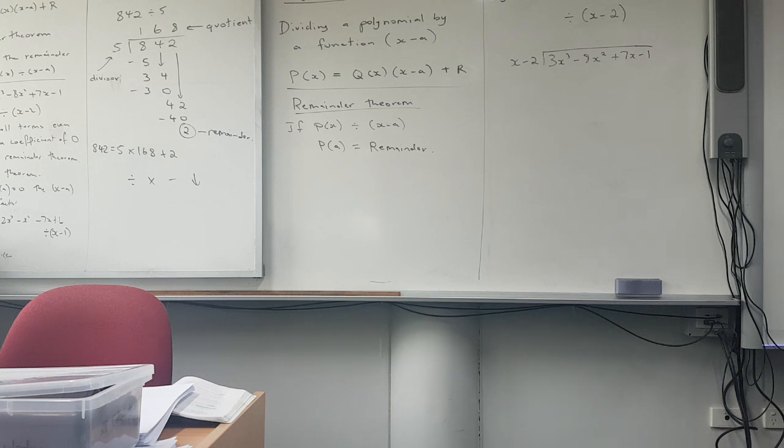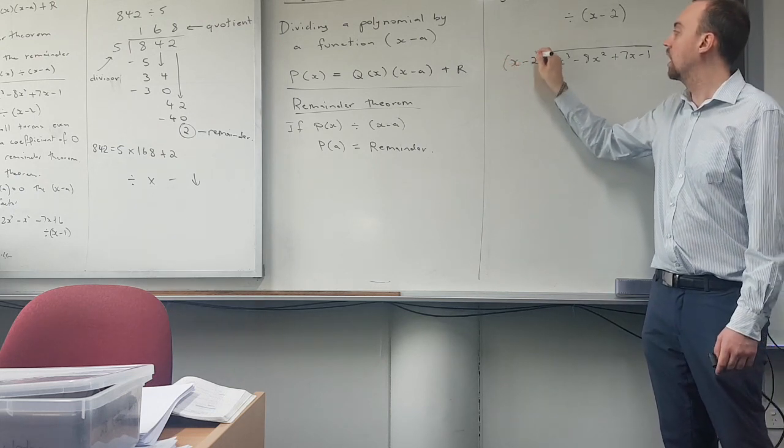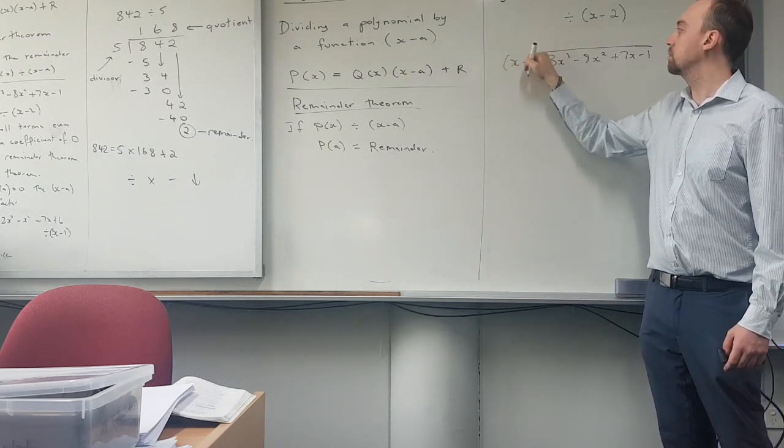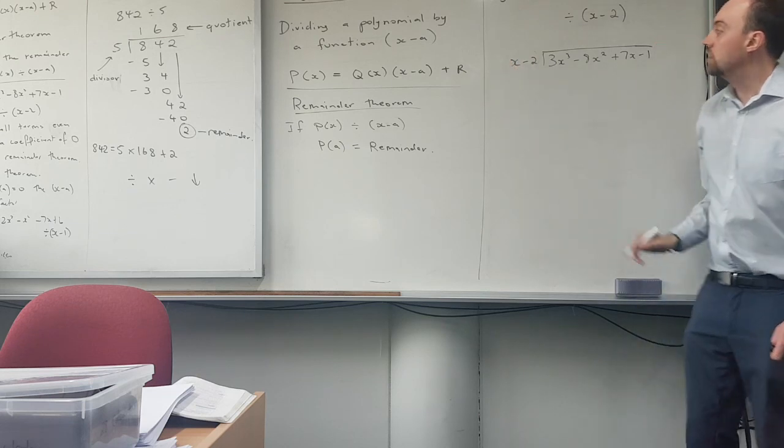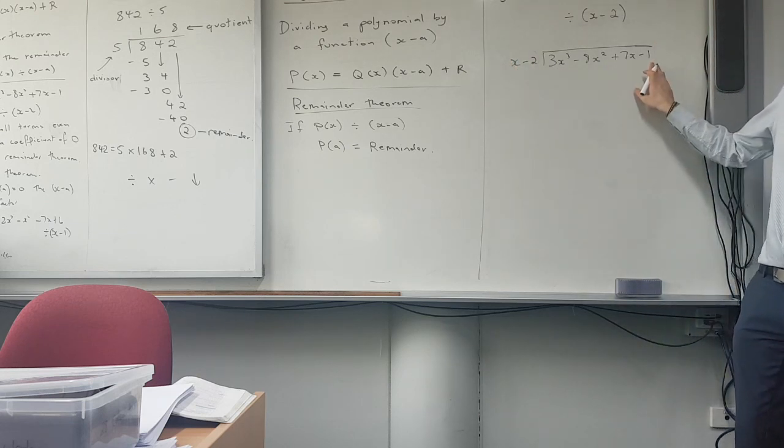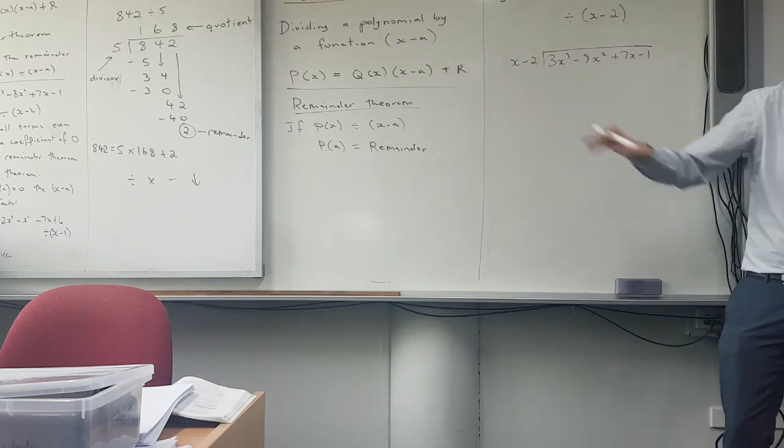Hopefully that's clear on my recording here. Actually we don't need those brackets. So, this function, my polynomial, divided by x take 2.